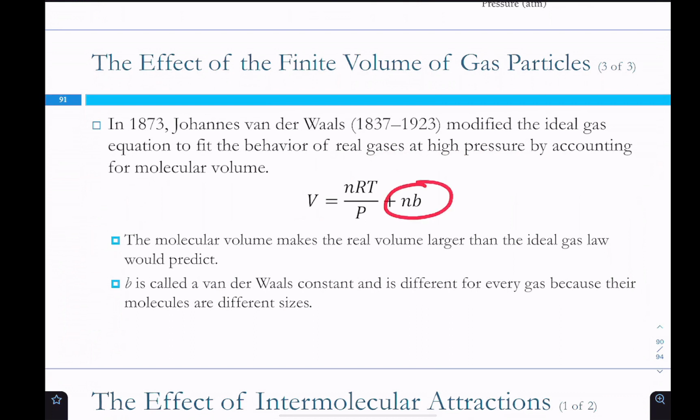So this n times b, where b is the van der Waals constant, is going to be different for every gas because their molecules are different sizes. And n is the number of moles. So depending on the number of moles of a gas, you have to multiply that by the volume that they occupy.